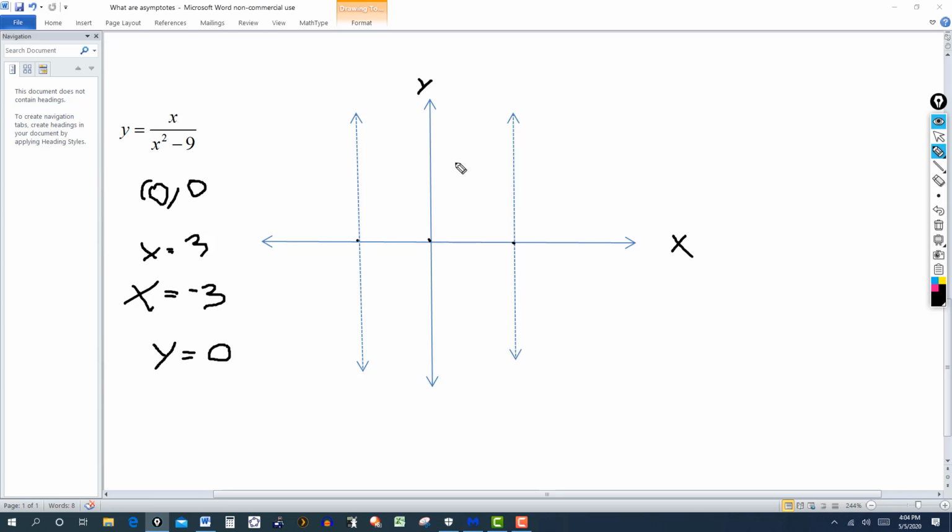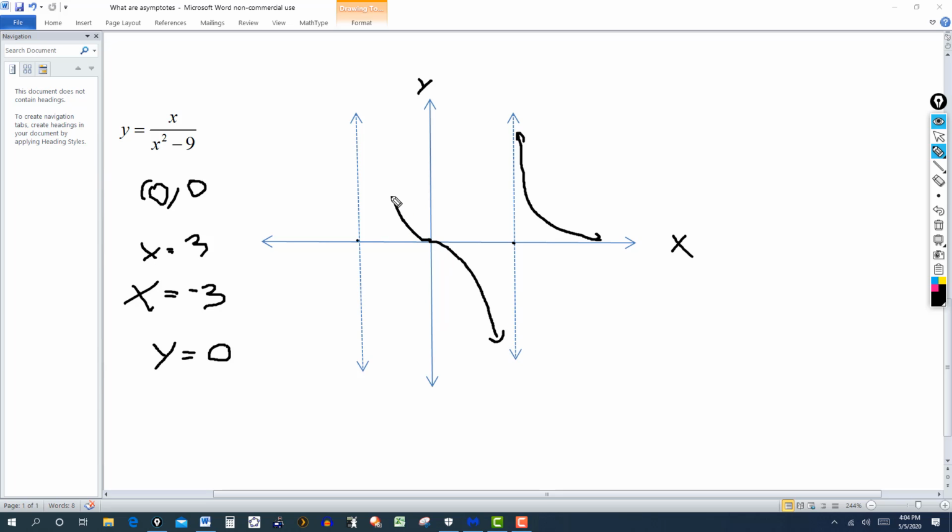So if I were to plot some points or use some basic algebra, we would see that the graph actually goes something like this. It approaches the vertical asymptote x equals 3, approaches the horizontal, then at this point right here it comes down like this. So notice the x-axis is a horizontal asymptote.